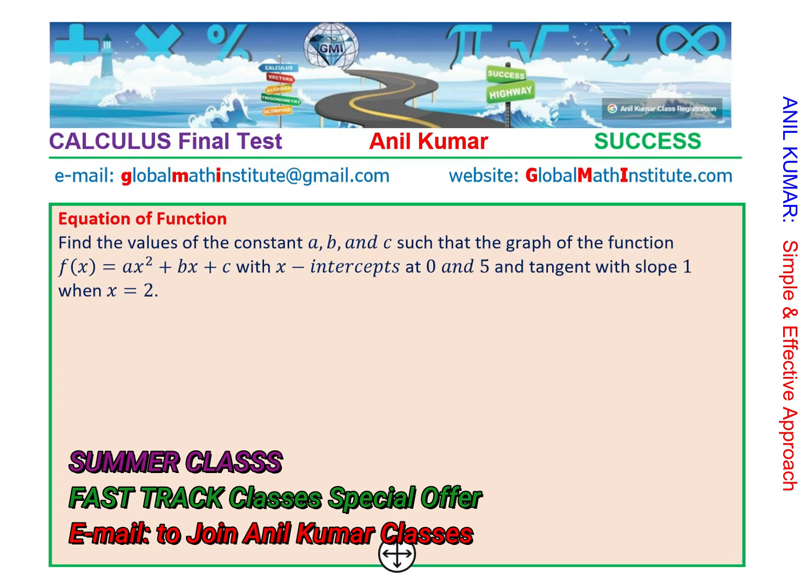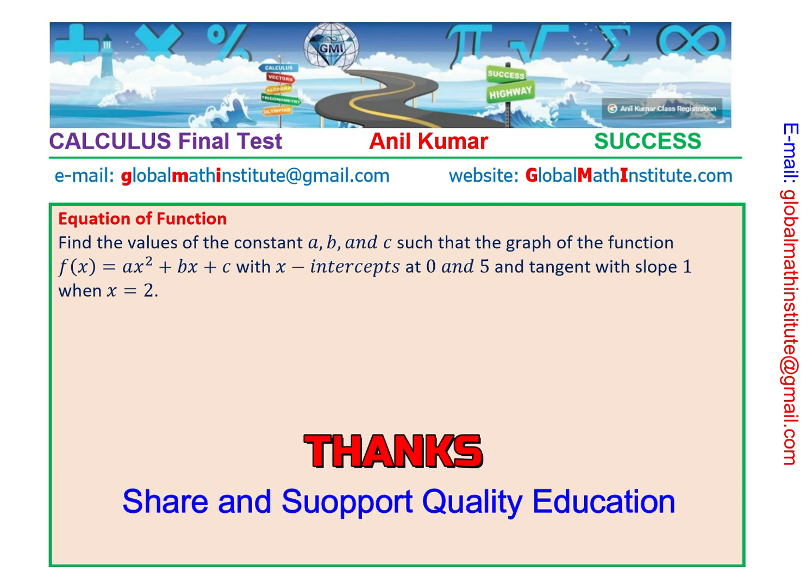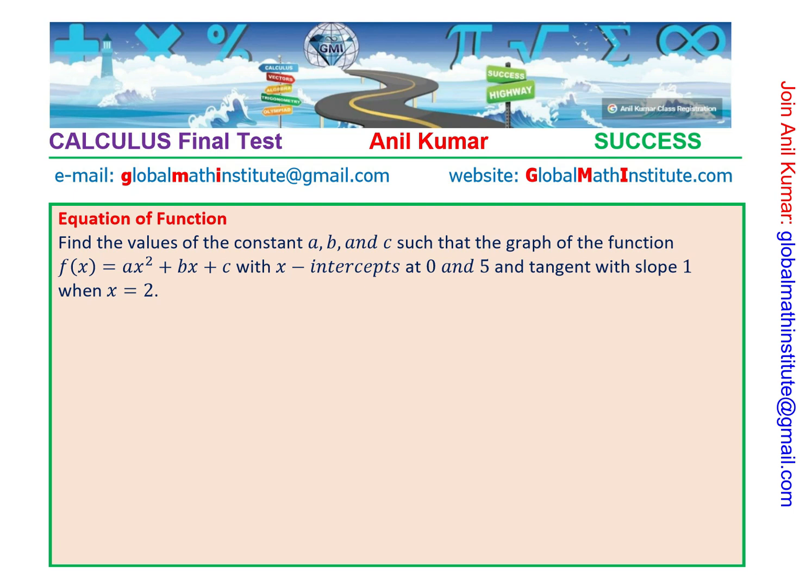Now we have an application and communication question, which is: find the values of the constants a, b, and c such that the graph of the function f of x equals ax squared plus bx plus c has x-intercepts at 0 and 5 and a tangent with slope 1 when x equals 2. Very important question for our IB students. They normally see this type of question in their exams.